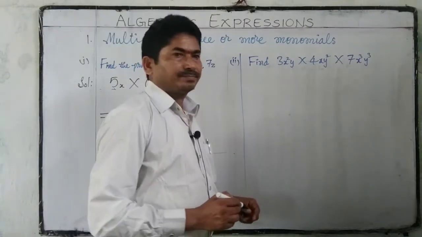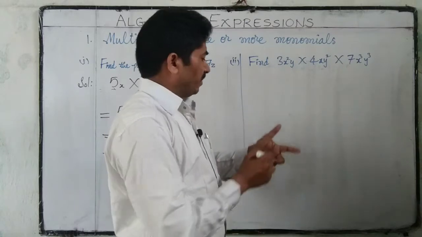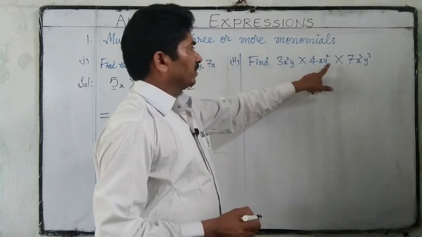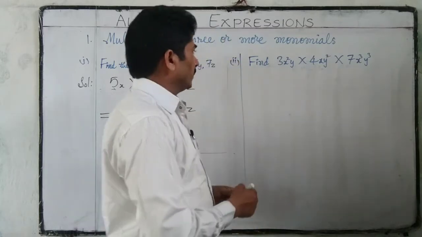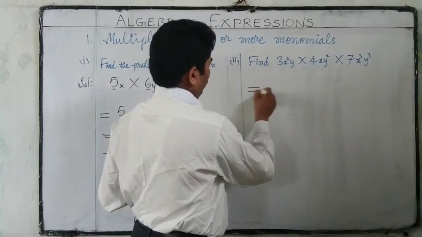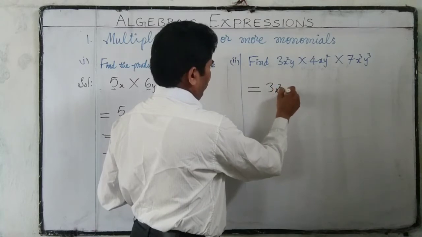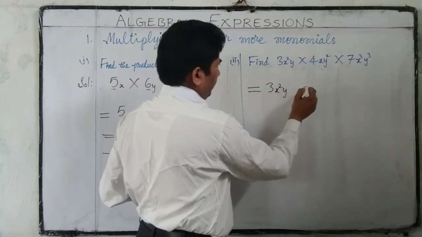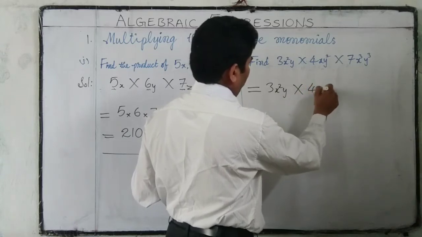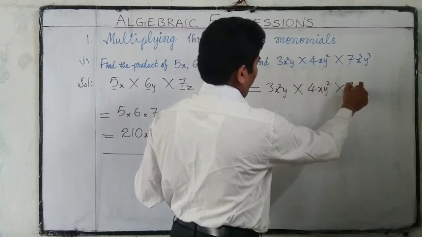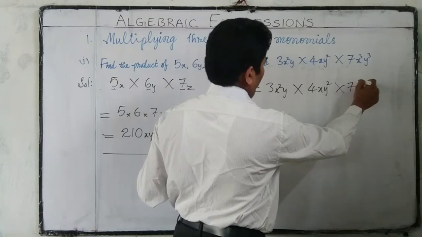Second problem: find 3x square y into 4xy square into 7x cube y cube.